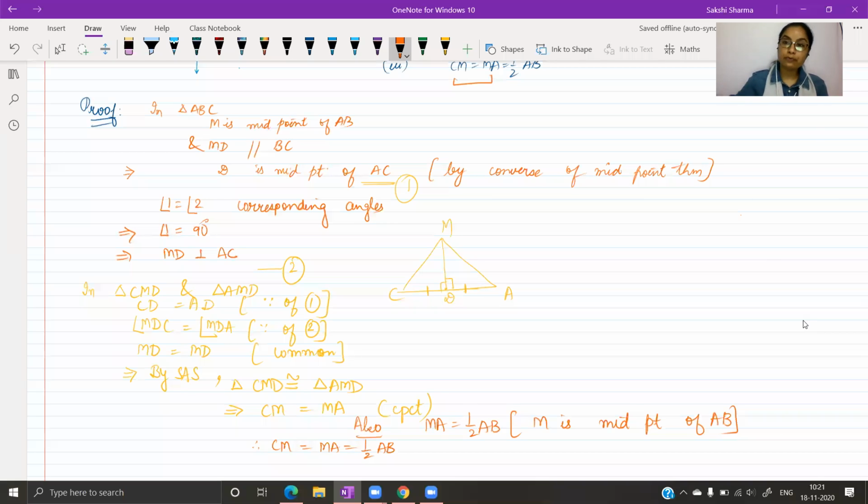So right now, if I just draw this triangle with you here, M is the midpoint of the hypotenuse AB. The distance of M from A, from B, and from C, these are all equal. MA, MB, and MC. It happens in a right triangle.